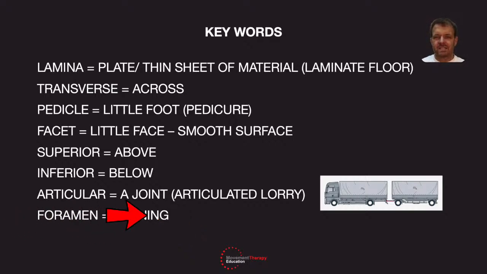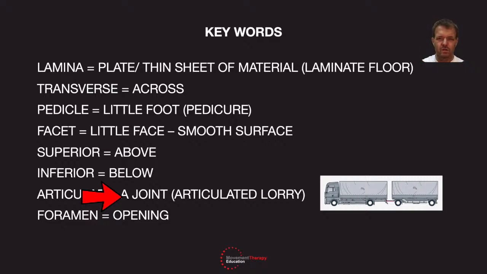And then a foramen is an opening. We've seen foramen a few times, especially around the pelvis. We were looking at the obturator foramen near the ischial tuberosities, where the obturator vessels go through and the obturator muscles attach. And in the spine, we were looking at it last week.